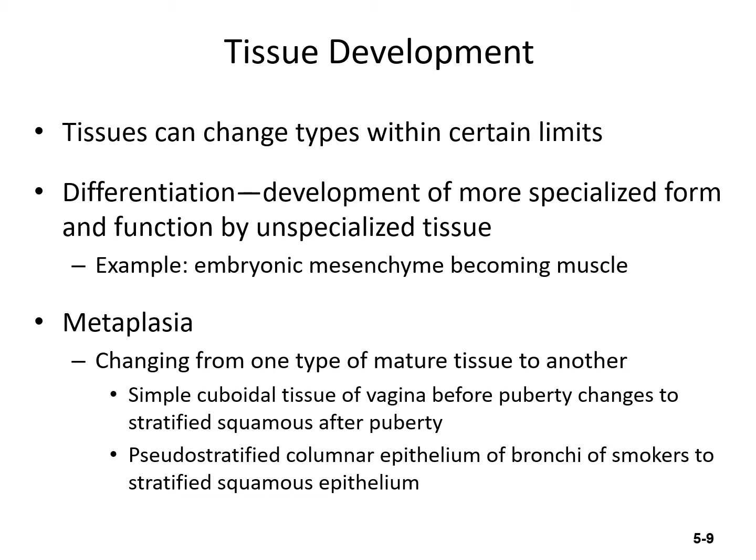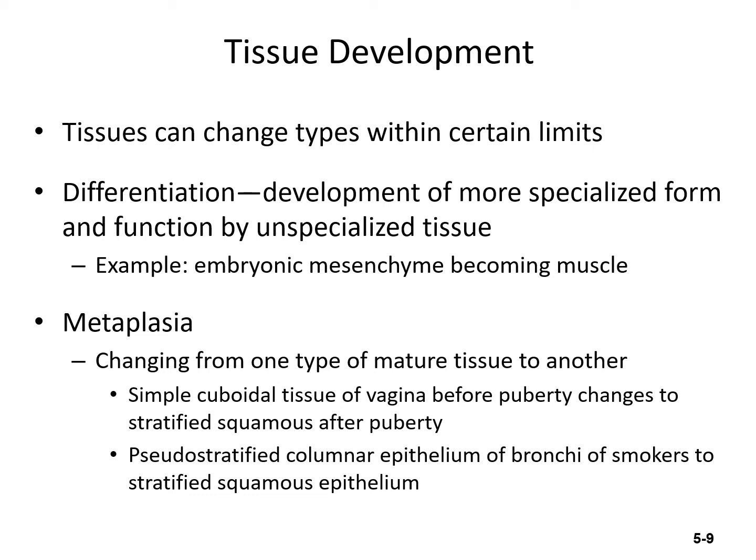Stem cells, embryonic stem cells in particular, have the most potential for actually being able to change from one cell type to another. And generally, as we grow older, we have a reduced capacity for tissue differentiation, but there are still what are known as adult stem cells that allow for differentiation to a degree.